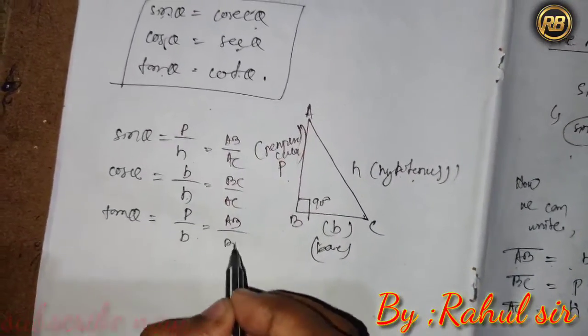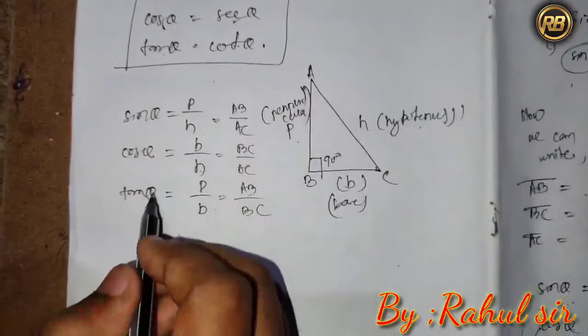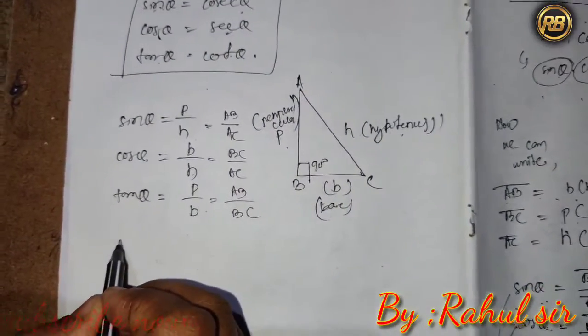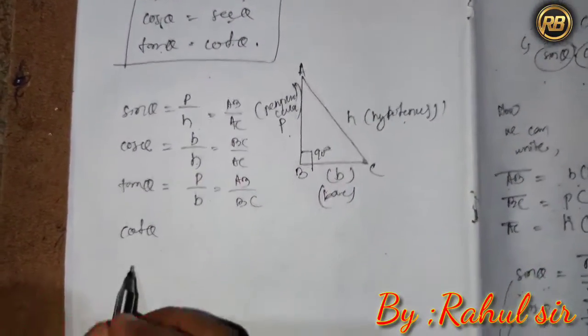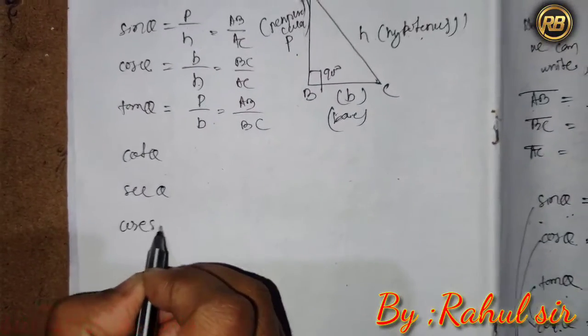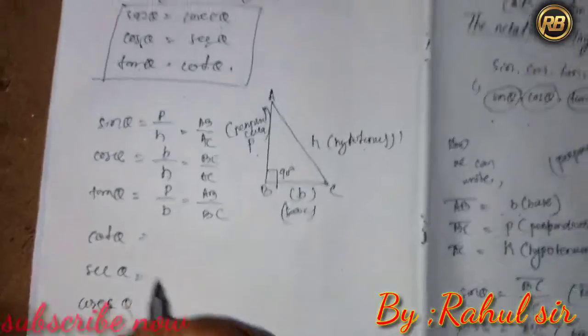Now we can find the other trigonometric formulas: cosec theta, sec theta, and cot theta.